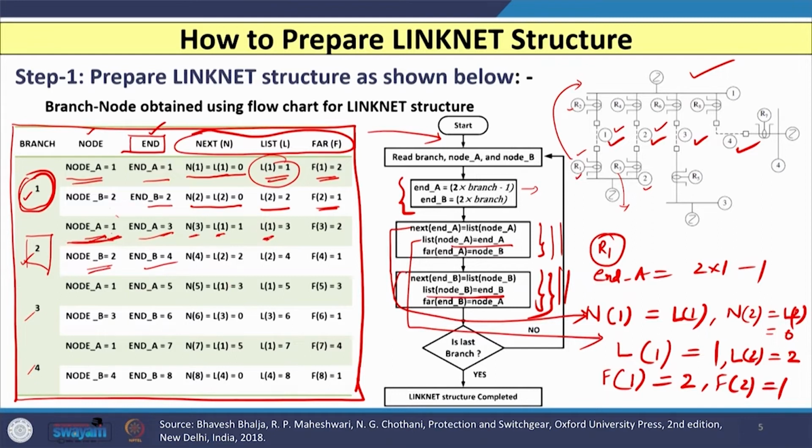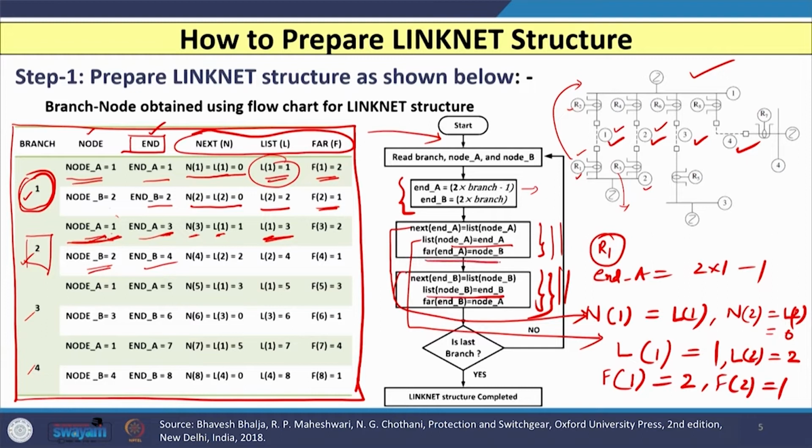So, L1 is equal to and A you have calculated, that is 3. So, now your L1 becomes 3. Earlier L1 had value 1, now it becomes 3, and you have to use this latest value for further calculation of branch 3 and branch 4.